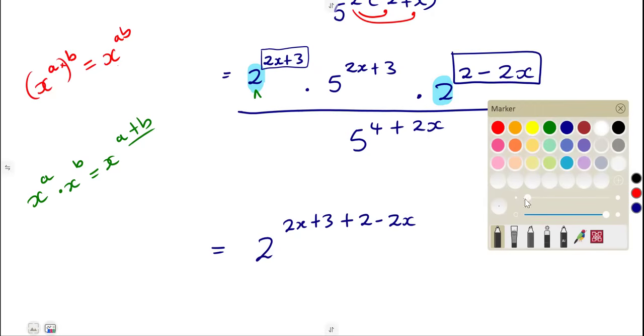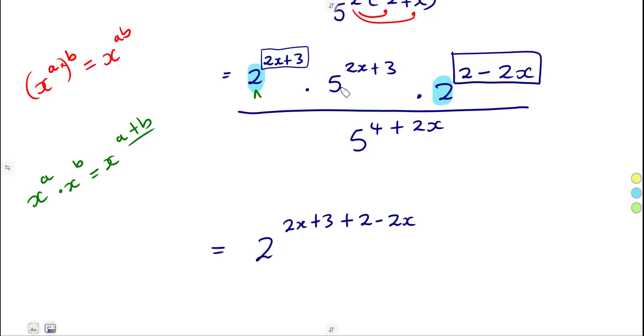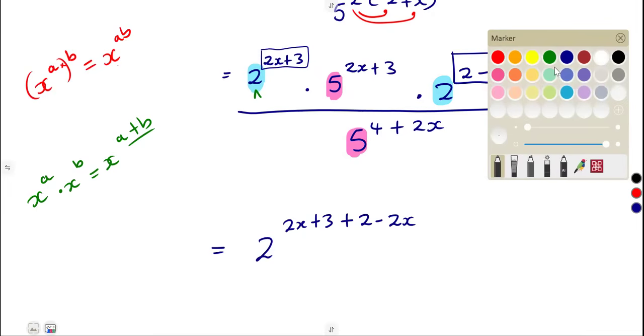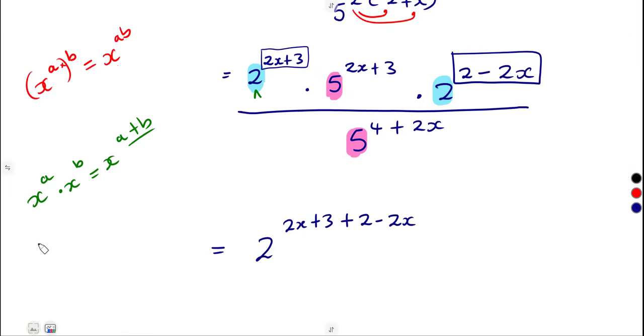For the base of 5, is it a multiplication here? No, it's a division. 1 is in the numerator, 1 is in the denominator. That's a division. What's the law there? Same bases, but there is a division. x to the exponent of a over x to the exponent of b. You subtract the exponents.